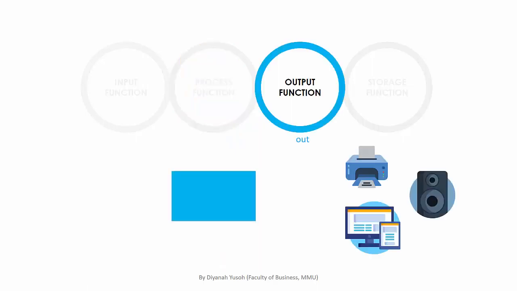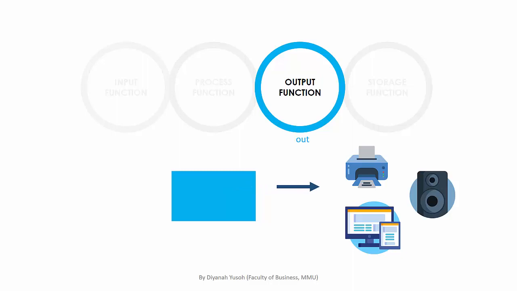Next is the output function. Basically, you have all these devices that help the user to see or display the output in the forms that you want. For example, you might want to print out something, so you want a printer to print the document.